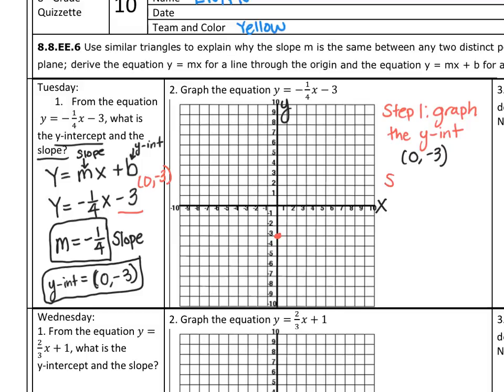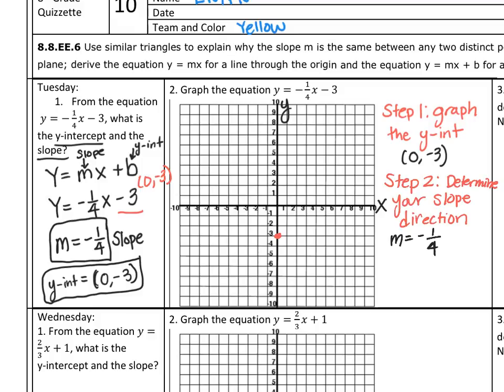Now, step 2. Determine your slope direction. So my slope is negative 1/4. And the negative is on either one of those numbers. I'm going to always put the negative on the top number, on the numerator.